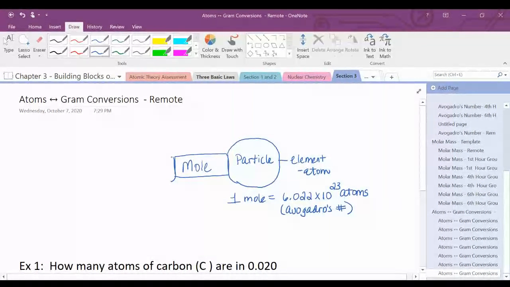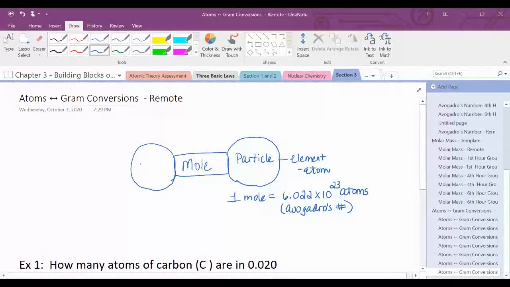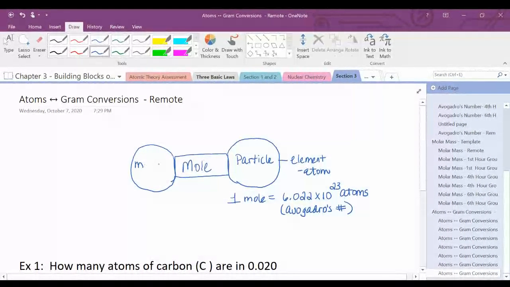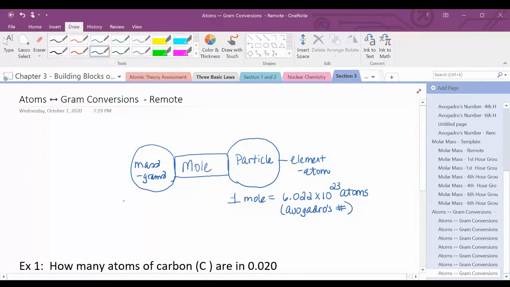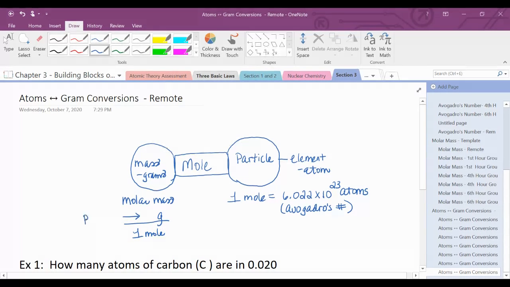Then the mole connects us to the mass in grams, and this is known as the molar mass. Our conversion factor here is the number of grams in a mole, and we determine the number of grams from the periodic table.